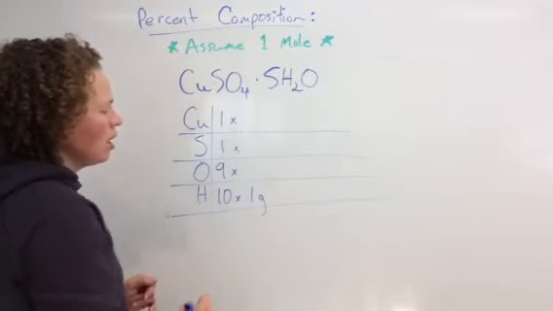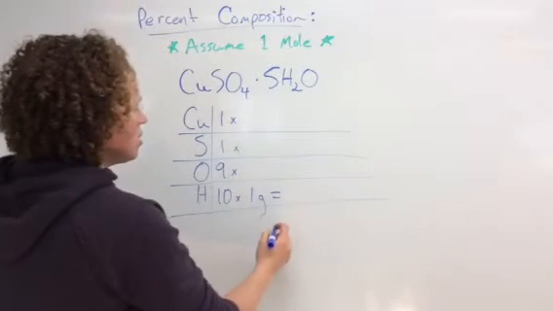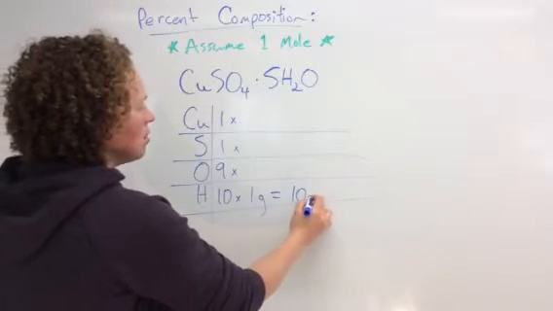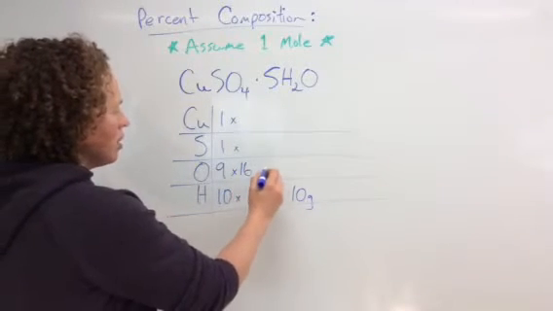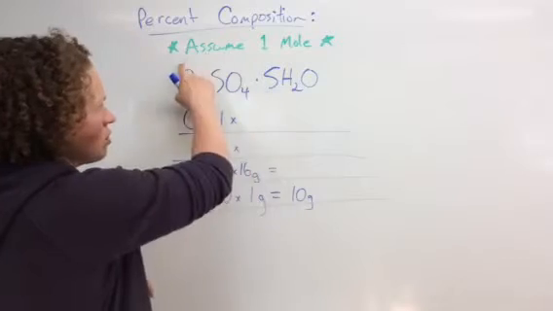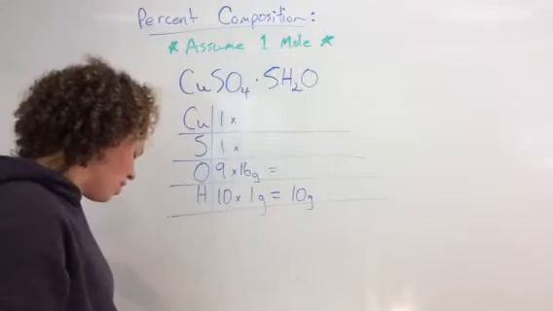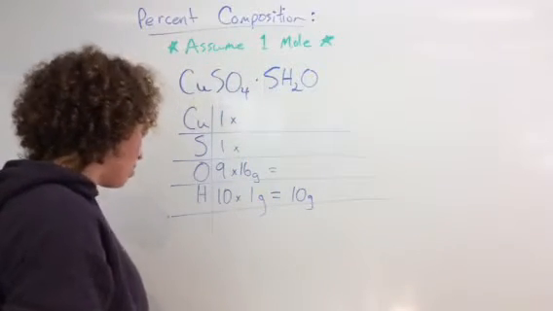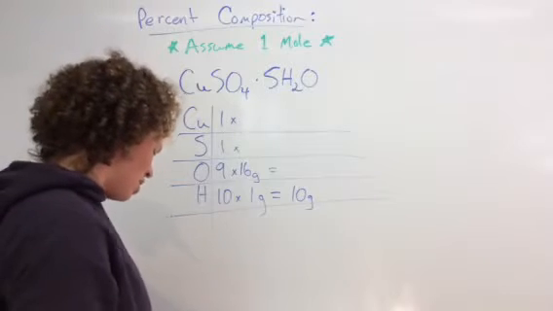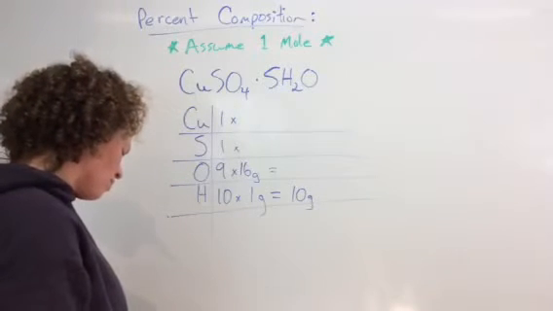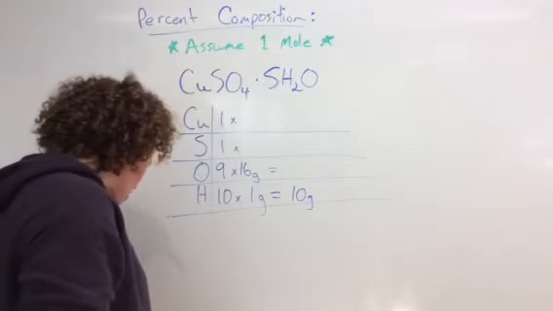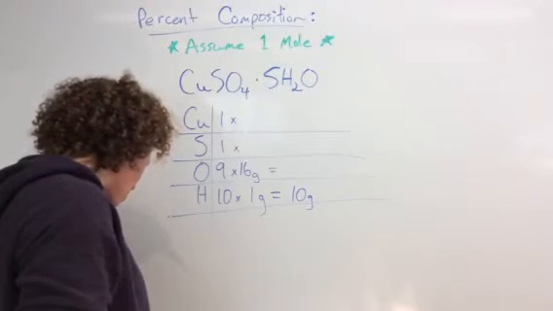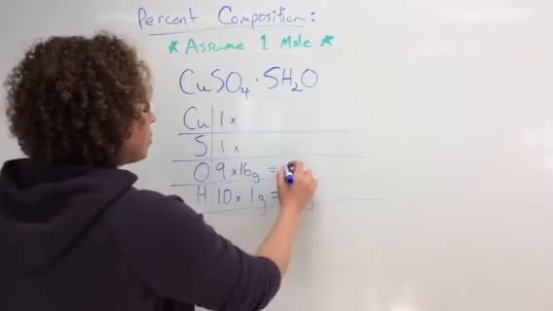Now I know that hydrogen is just 1 gram, so that's going to give me 10 grams of hydrogen in total. Oxygen is 16 grams per mole because we're assuming 1 mole. So oxygen, that's 9 times 16. Let's use a calculator. 9 times 16 would give me 144 grams.